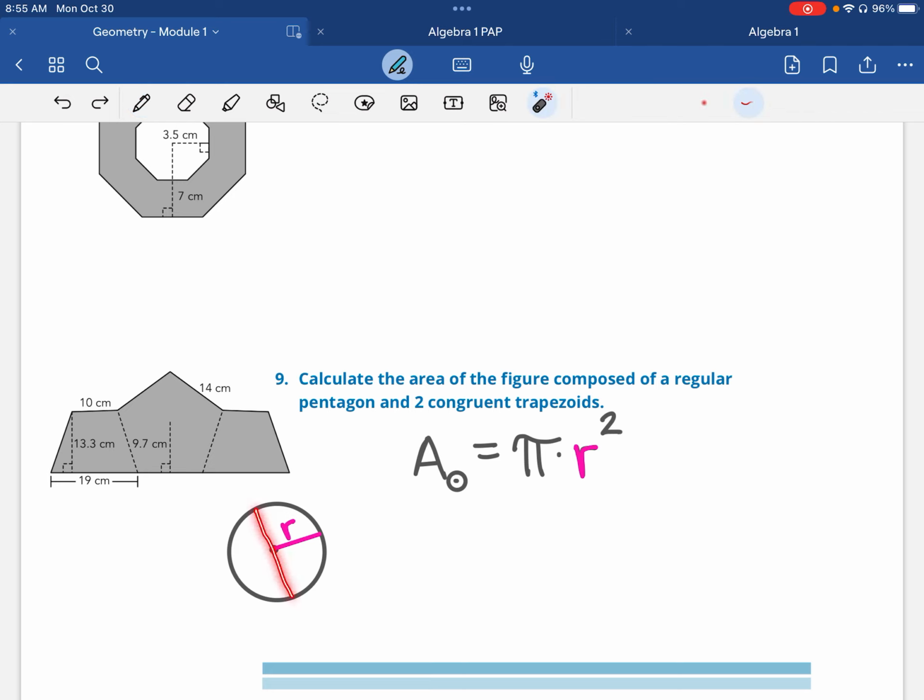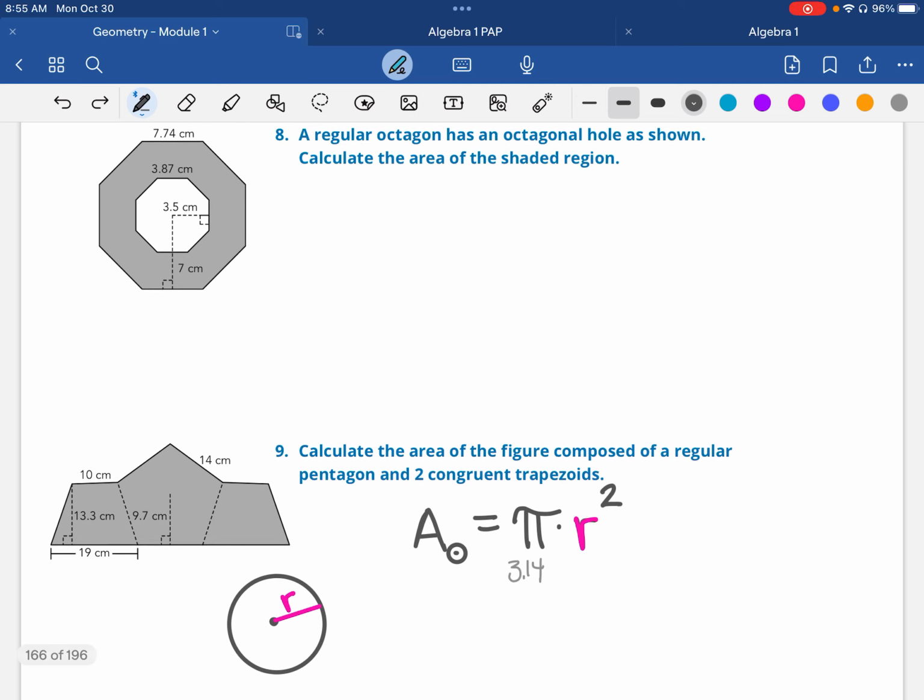The diameter goes in the full length through the center of your circle, and it is consisted of 2 radiuses. So if you know the diameter, all you have to do is divide it by 2 to find the radius. Remember that pi is the number 3.14, and so you can use that or you can use pi.